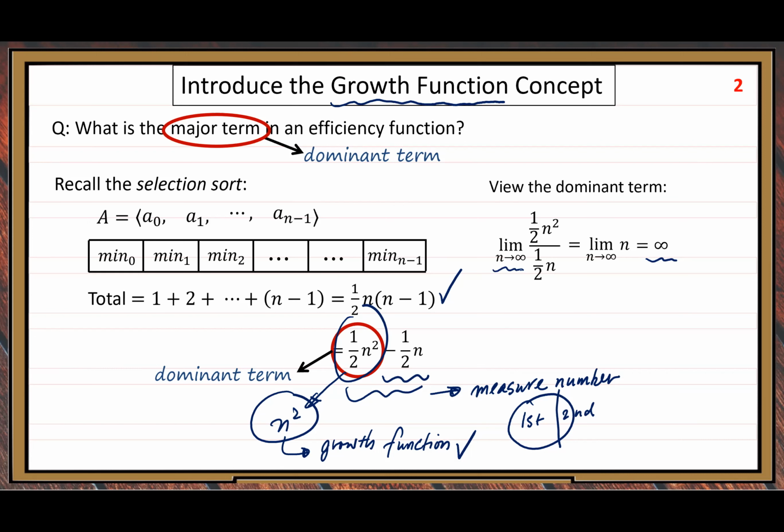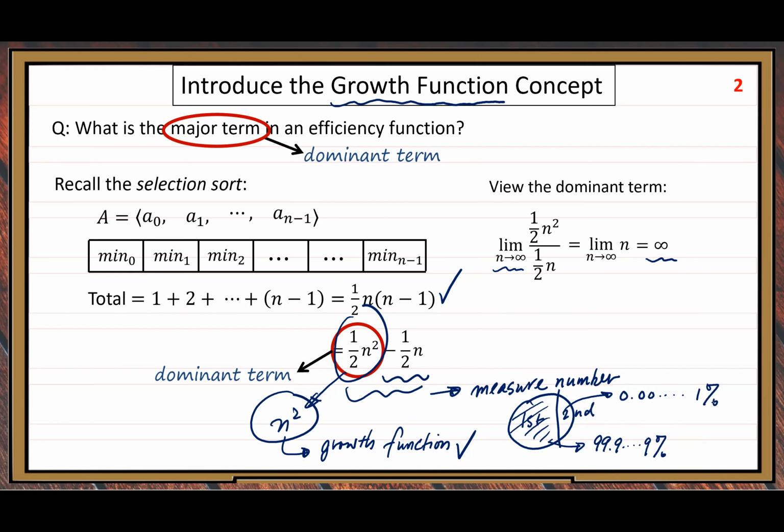When n becomes larger and larger, the percentage of the first term becomes larger and larger. With the dominance, because the ratio goes to infinity, the percentage of the first term will be very close to 99%, many nines. And the percentage of the second term is 0.00, many zeros.